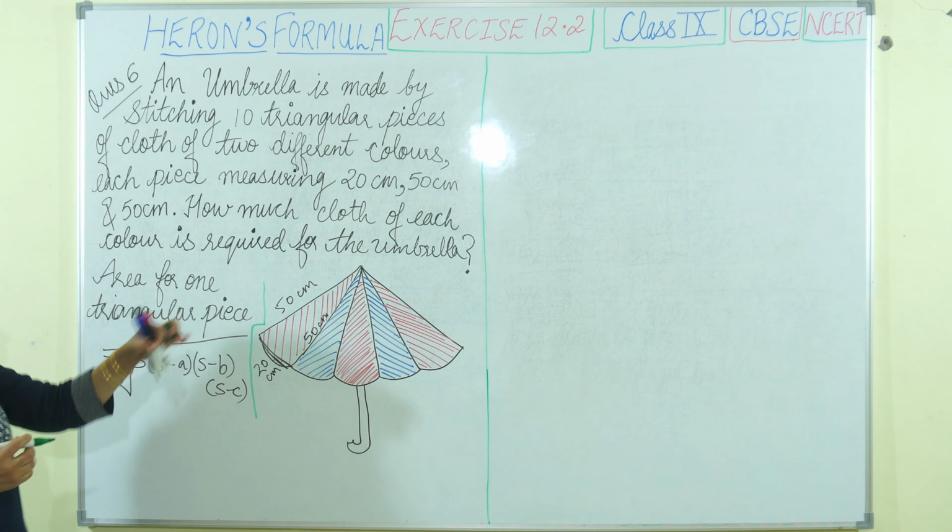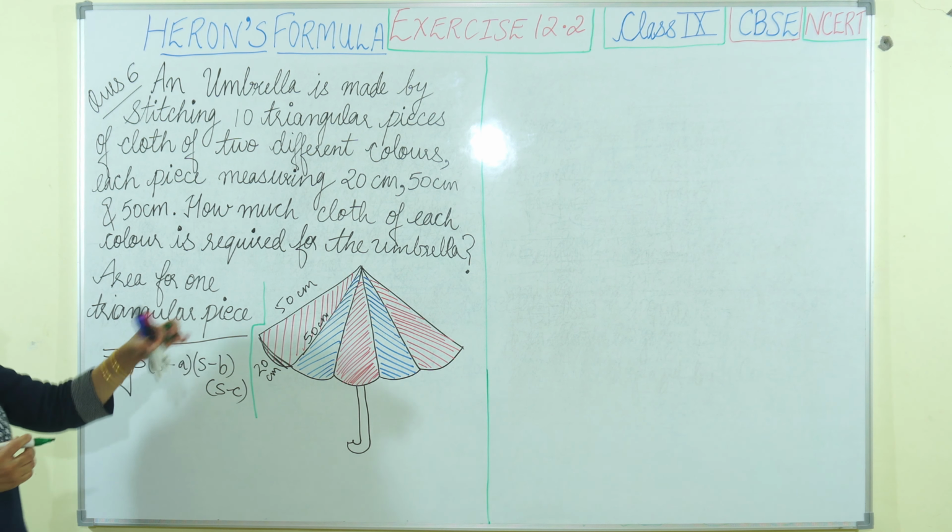Now we substitute 60 in Heron's formula. Area of one triangular piece will be equal to under root 60 into 60 minus 20 into 60 minus 50 into 60 minus 50.